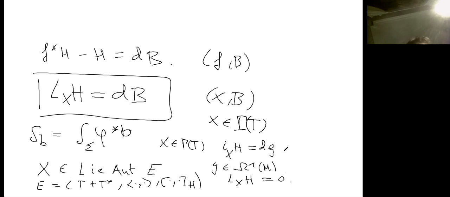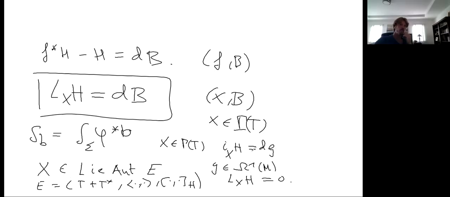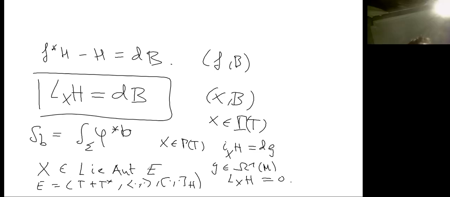Now the point is that the Courant algebroid itself is, yeah, what I'm saying. What is the role of the one-forms here? It is not saying more than the vector field is preserving the three-form. Okay, let me leave it here.